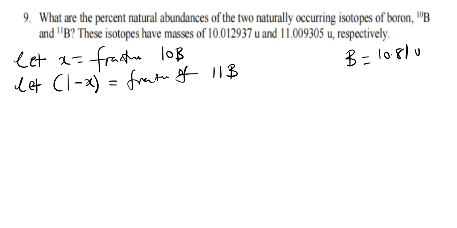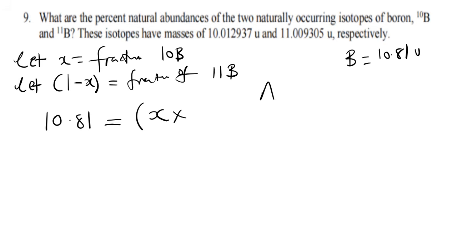Now the weighted average, what are we going to have? We're going to get the one for boron on the periodic table, which is 10.81 units. This will be equal to the percentage abundance for the first one, which is x, multiplied by the atomic mass unit.